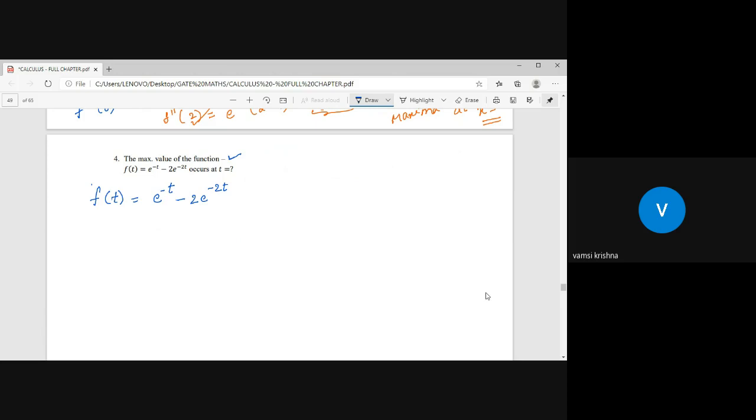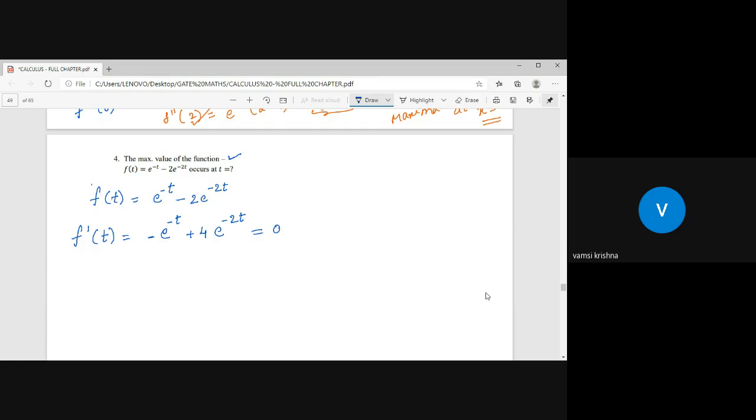Okay, sir, given f of t and let us find out f dash of t. Sir, if you take f dash of t, e power minus t differentiation is e power minus t into minus 1. In the same way, e power minus 2t differentiation is e power minus 2t into minus 2. So that will become plus 4. And we know that we have to equate this equals to 0.